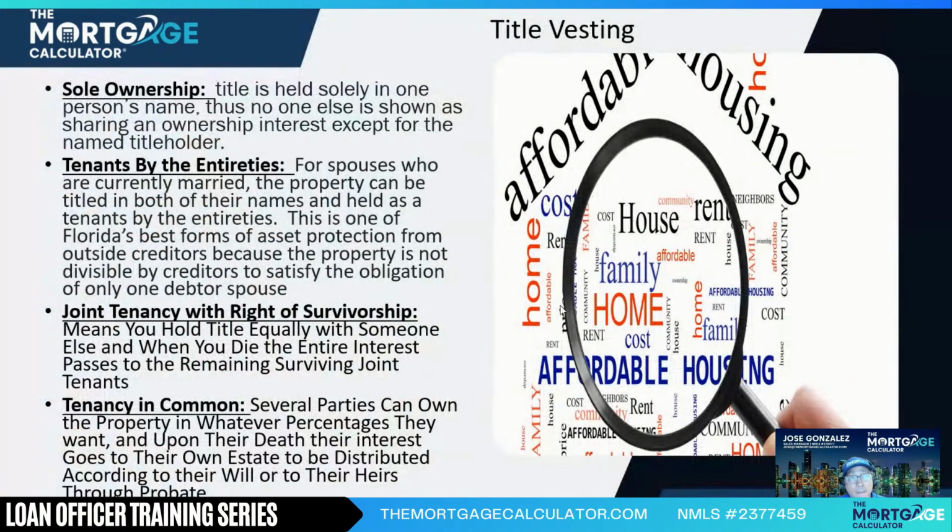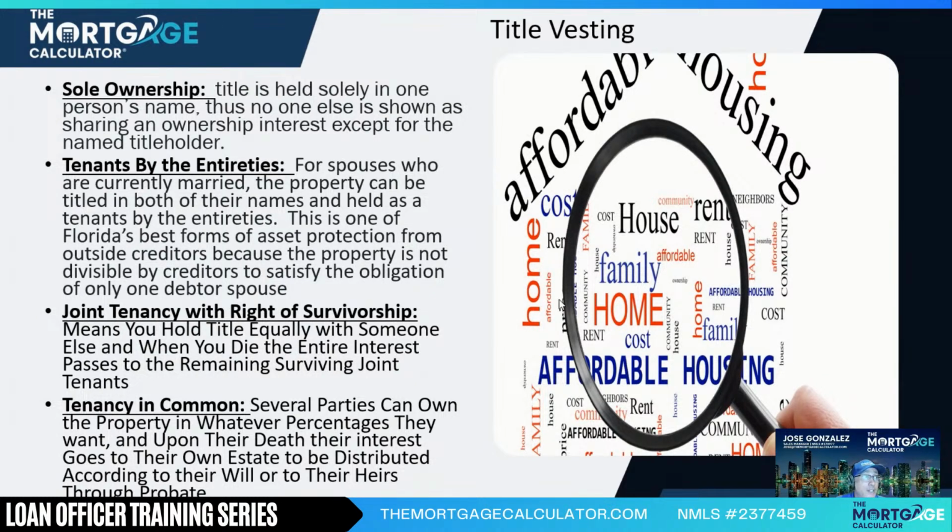So let's talk a little bit about vesting. Now, again, I'm empowering you here so that when we get to the final section and actually read what you're looking at, right? So another thing to consider in these title policies is the actual vesting.